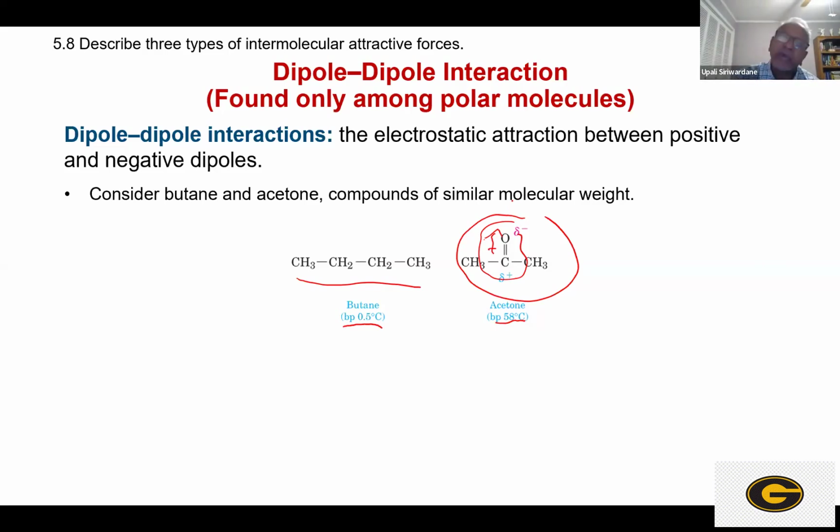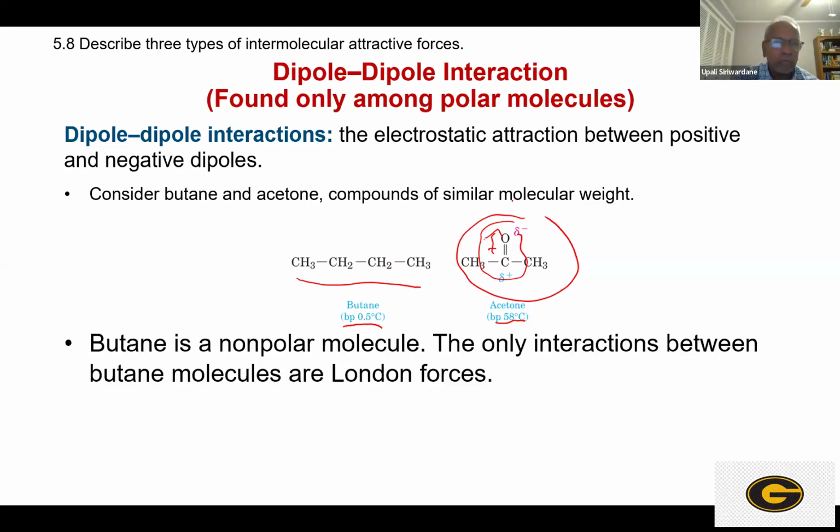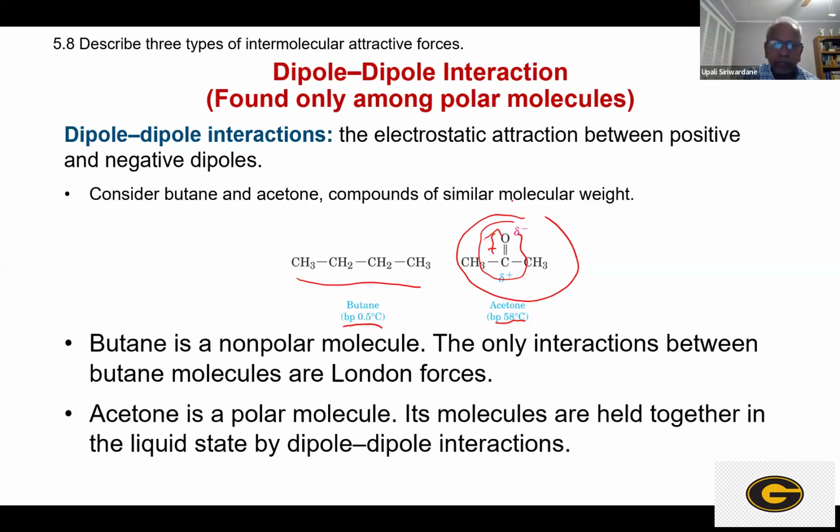Nail polish is acetone. Butane is a non-polar molecule. Therefore, the only force is London dispersion force. Acetone is a polar molecule. Its intermolecular force is dipole.